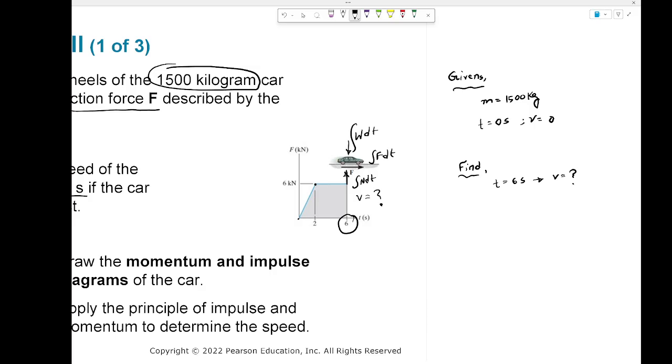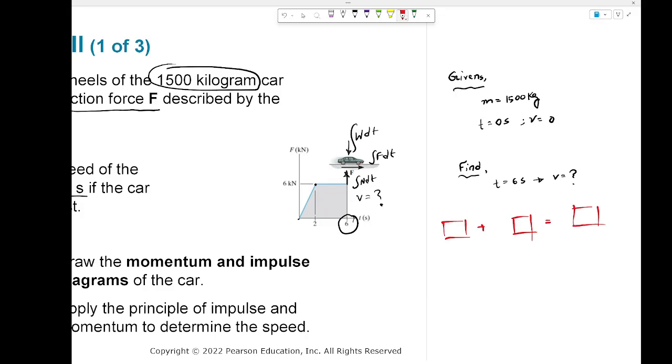The impact momentum diagram can be written this way. This box here is the car; you can assume anything. And this other box is for impact.